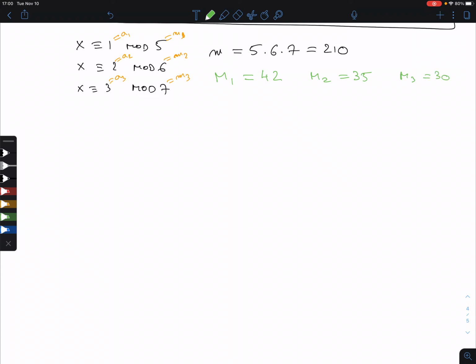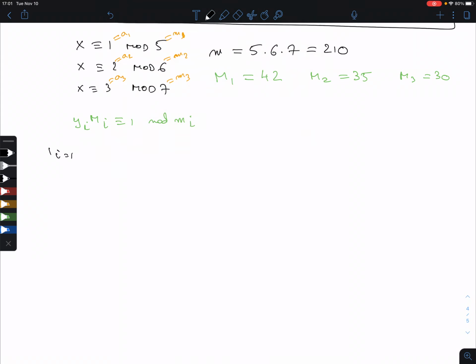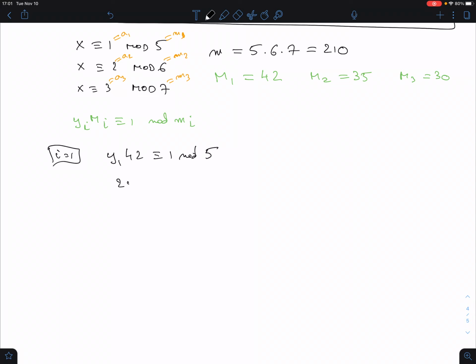Okay. So now what we have to find is y1 times M1 should be equivalent to 1 mod little m1. Or in general, this is the equation that we have to solve for each of the i's. So if i is 1, the equation becomes y1 times 42 should be equivalent to 1 mod 5. But 42 is the same as 2, so 2 times y1 is equivalent to 1 mod 5.